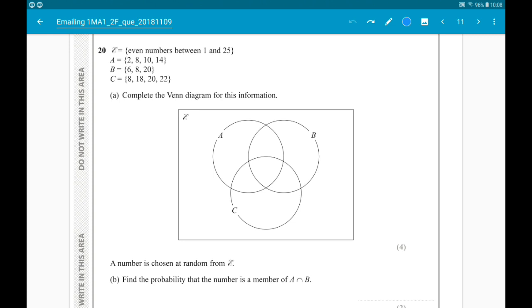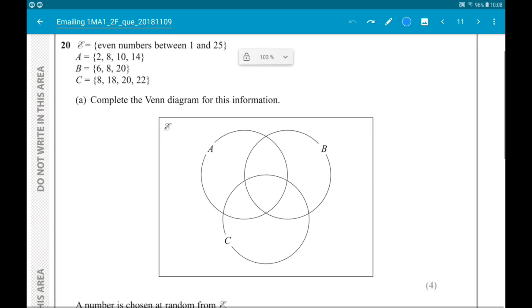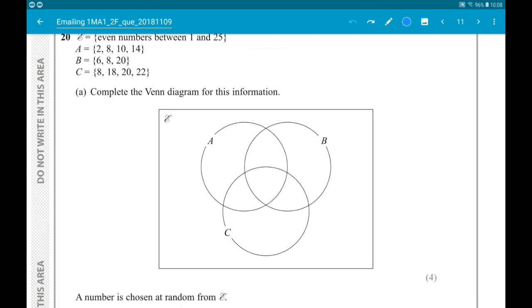So all of the even numbers from 2 to 24 have to go somewhere in this Venn diagram. So 2 is only in subset A. So 2 is just going to go there.